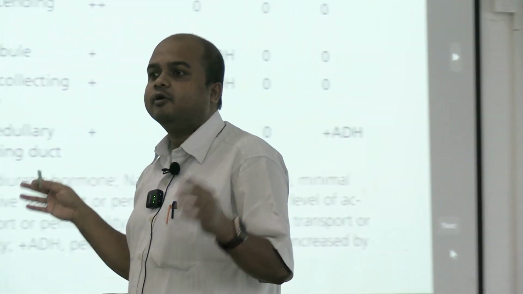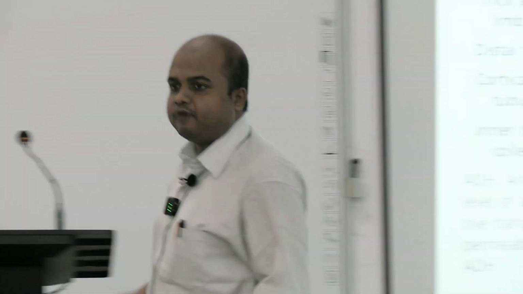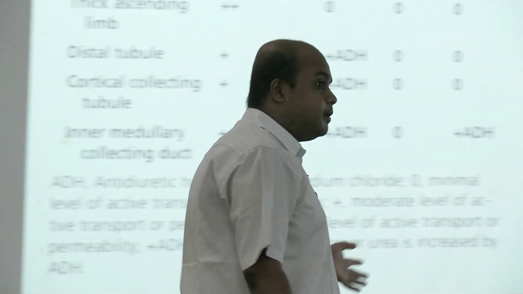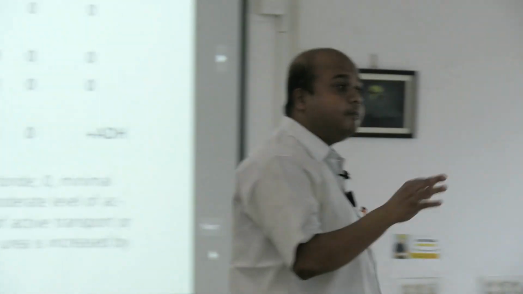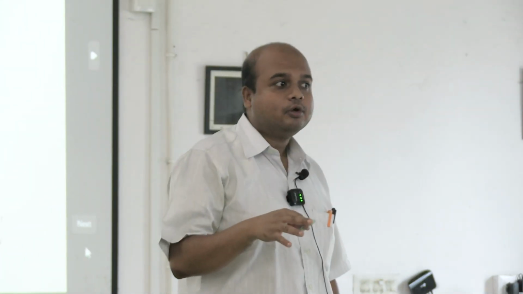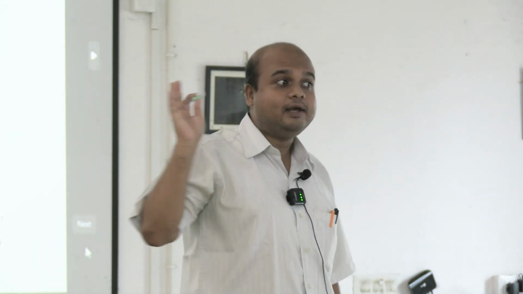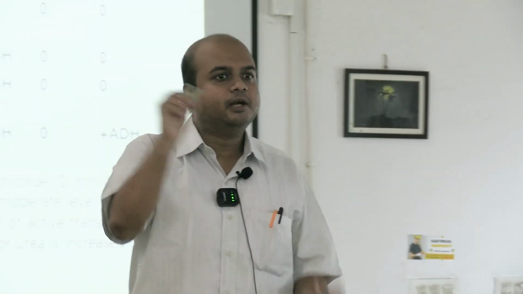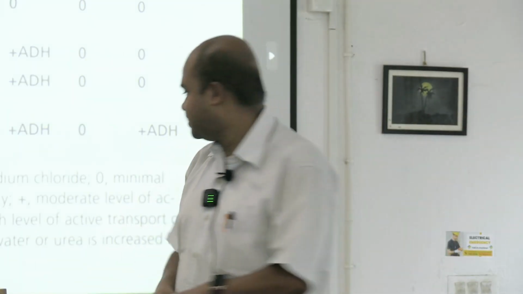What is the difference? 400 minus 200 at first. This is the maximum. It cannot go above that, because the limb is impermeable to water, but it is permeable to other solutes. We are mainly considering the transcellular mechanism. Mostly transcellular is 50 to 60%, and paracellular is in between the cells, through what we call tight junctions.